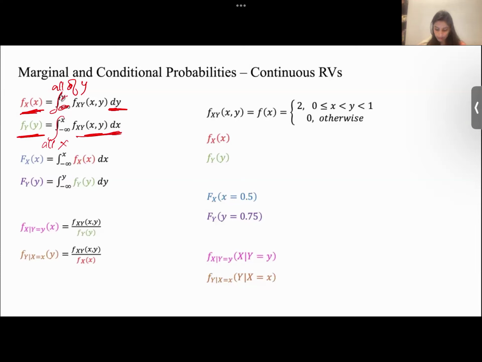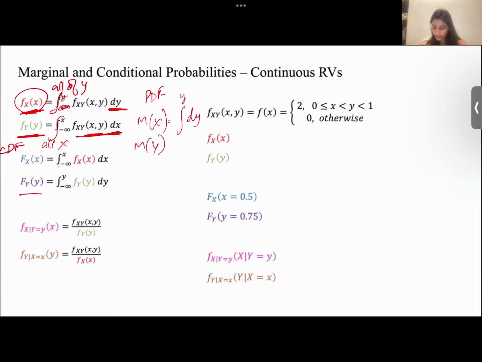So here you have the corresponding CDF as well. You integrate whatever value you get here over all the values of x, and for y, you do all the values of y. So for a continuous random variable, for the PDF, the marginal probability of x, you integrate in terms of dy, right?